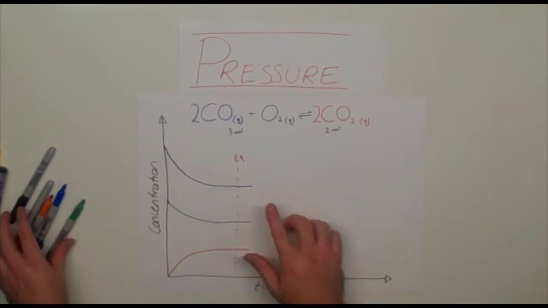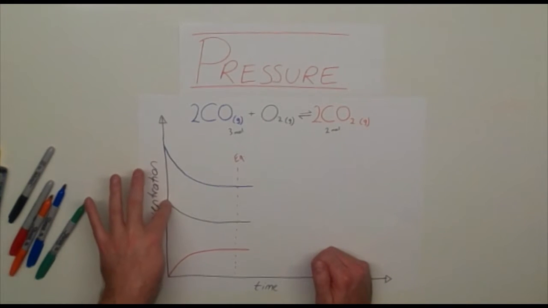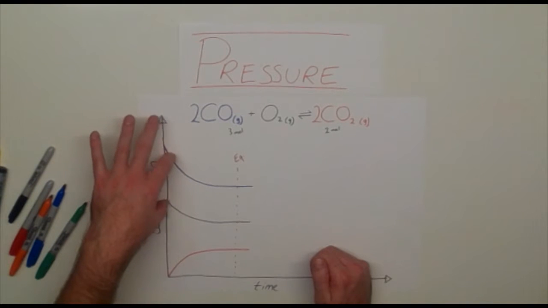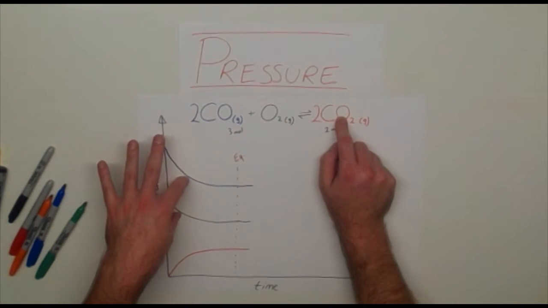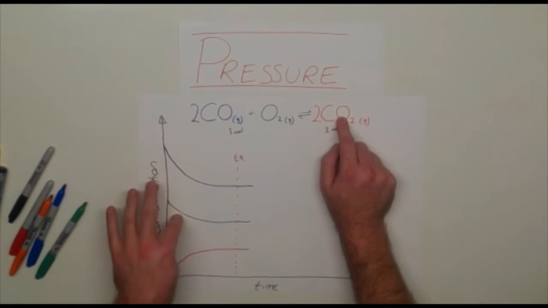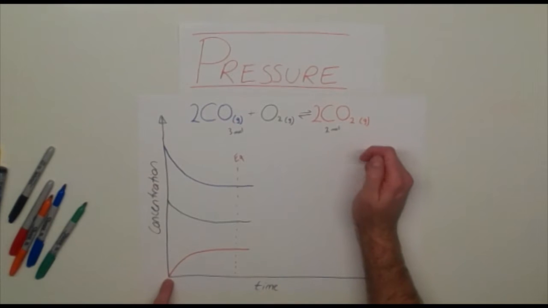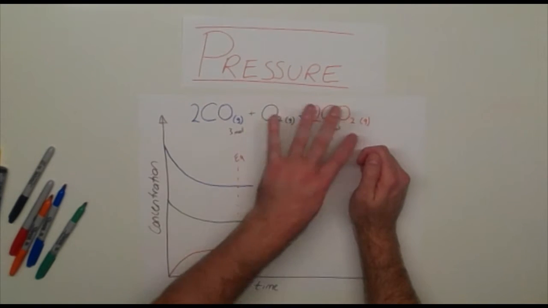So I've just shown here what we've got initially for this reaction. We started off with some carbon monoxide and some oxygen, and initially there was a high concentration of these, so there were lots and lots of successful collisions that resulted in carbon dioxide formation. So we can see we've got a steep slope, which tells us we've got a high rate of reaction. Carbon dioxide forming, again, initially was fast because there was a high concentration of reactants reacting.